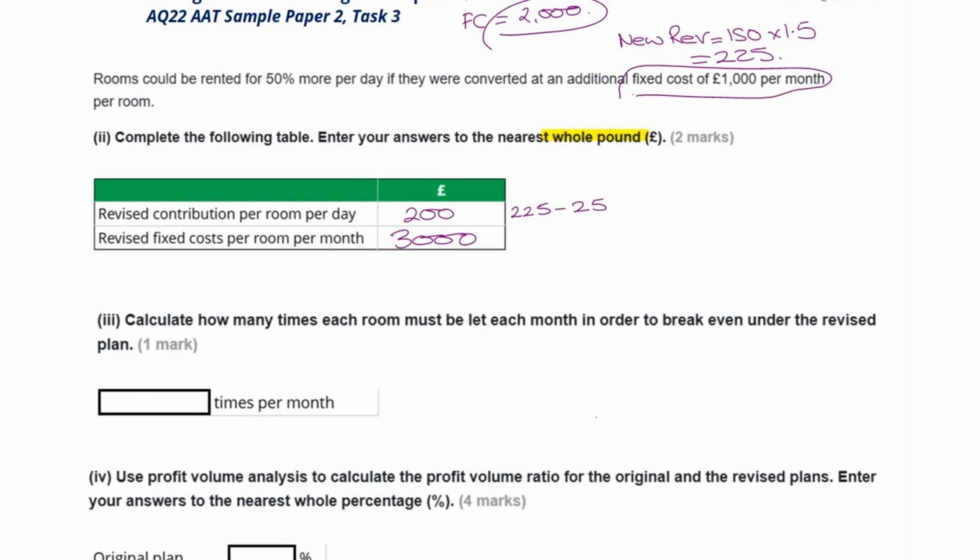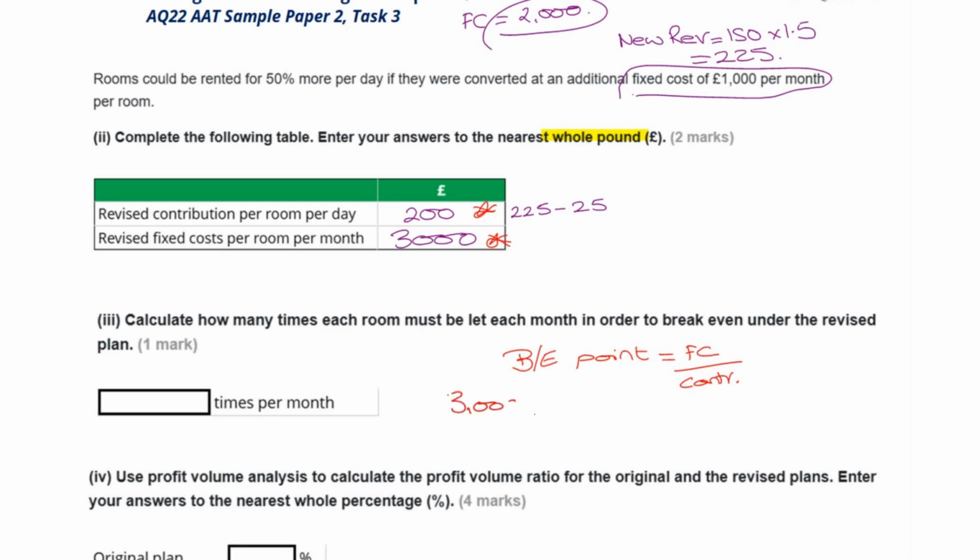Then we're asked to calculate how many times each room must be let each month in order to break even under the revised plan. So remember our break even point is our fixed costs divided by our contribution. So now we've got new fixed costs and new contribution.